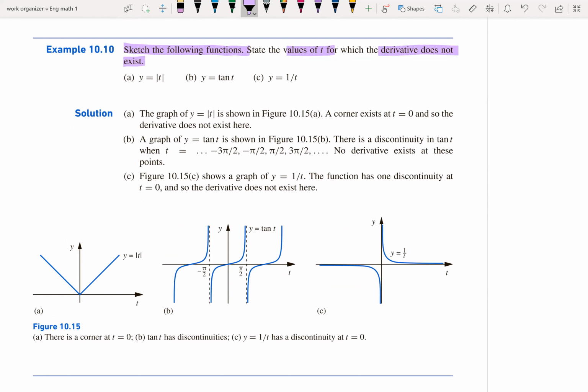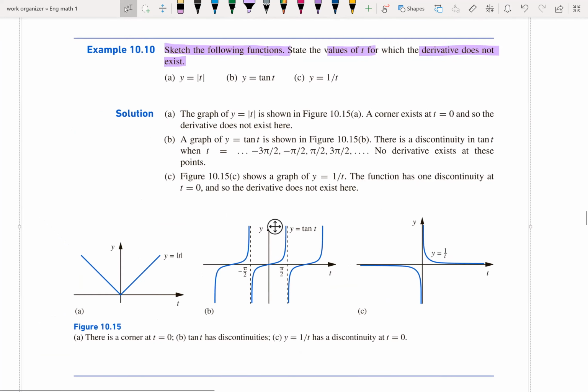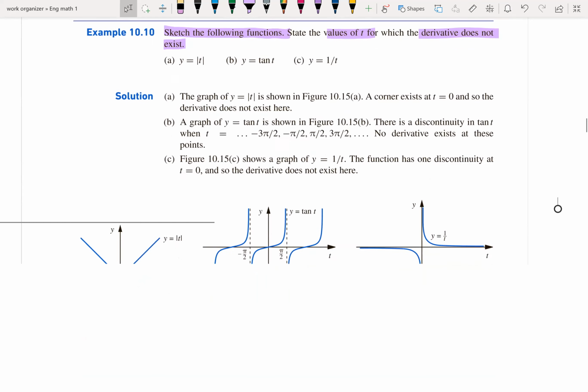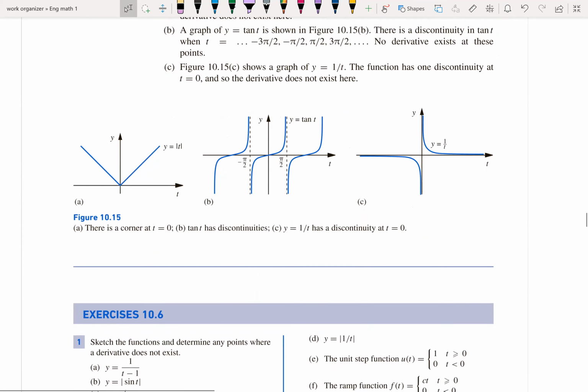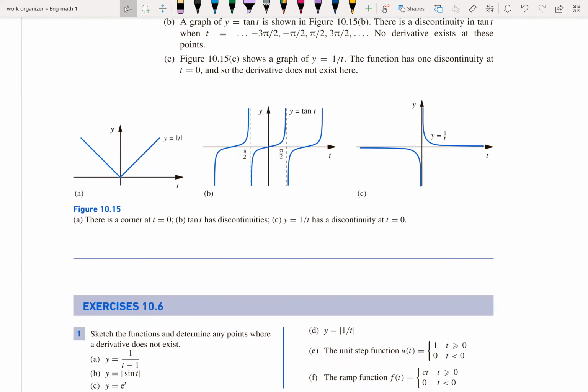This is the function, and this is the graph, which has already been sketched. So you can see at which points it is possible to draw a tangent. First, at A we cannot draw a tangent. It is at t equal to 0.